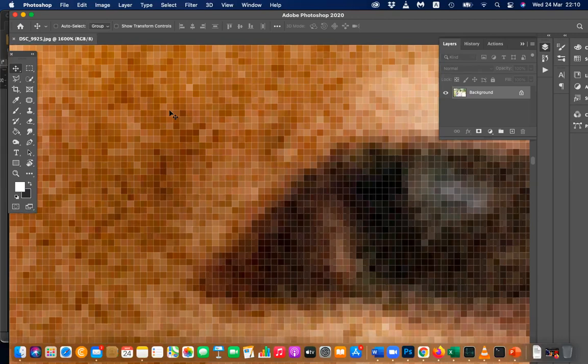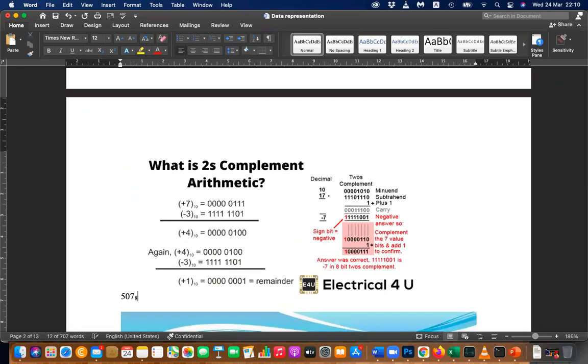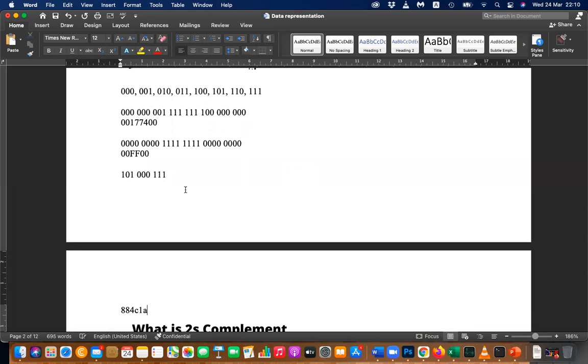So if I pick a color here, let's use the color picker. I'm going to right click here, copy the color's hexadecimal code, and you can see this is the code.